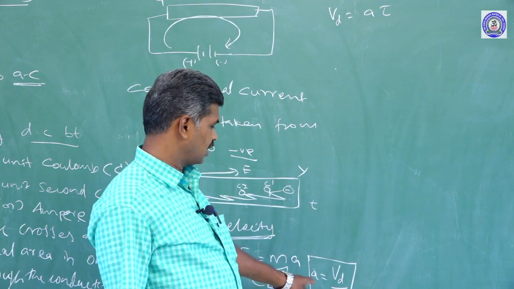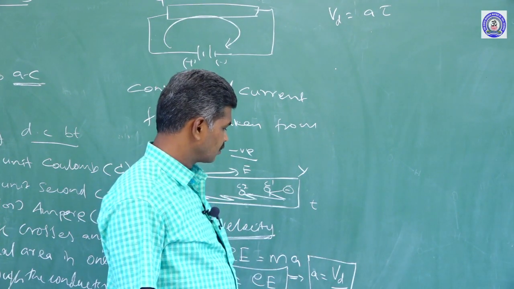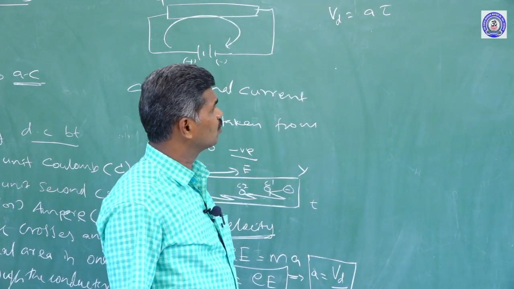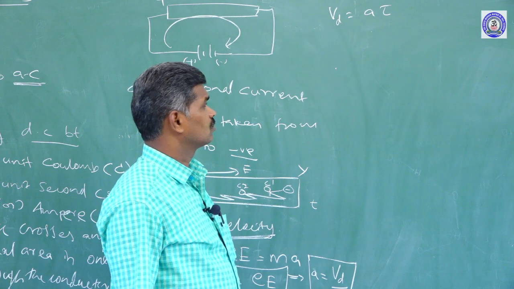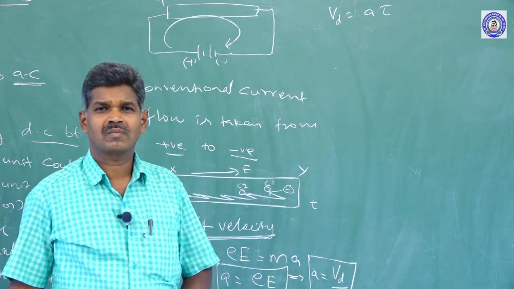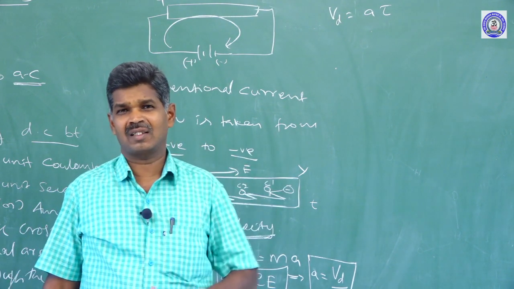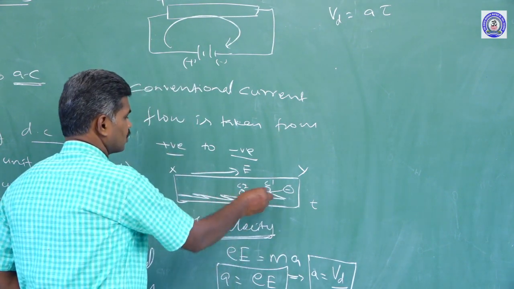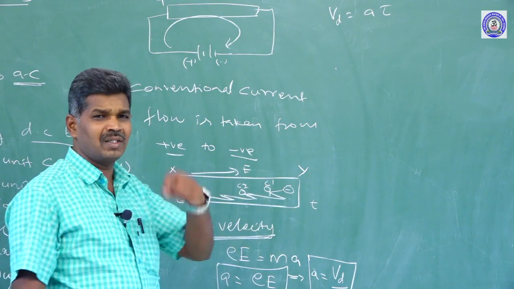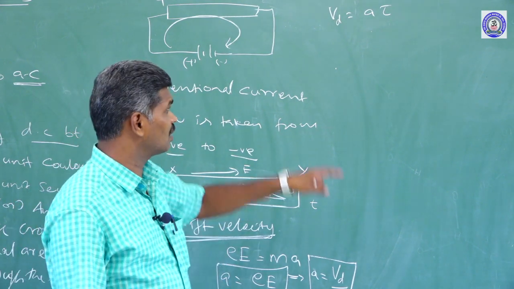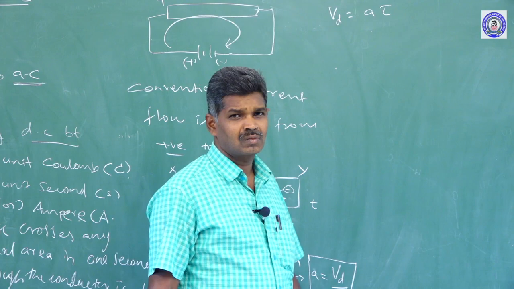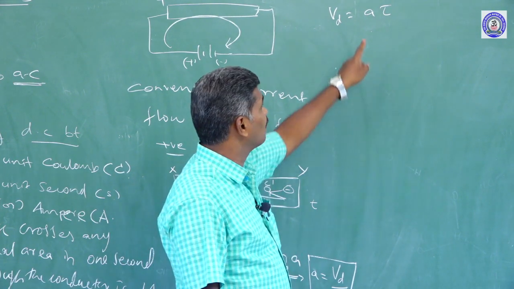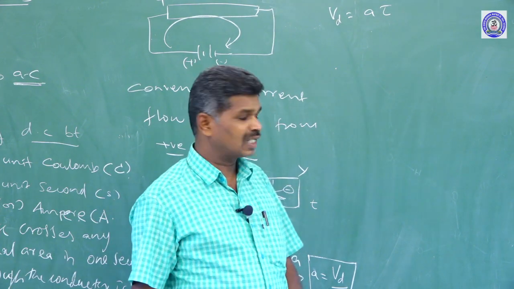So drift velocity is equal to a into tau. Tau is nothing but the time taken between two successive collisions, from one collision to another. That is called the relaxation time.